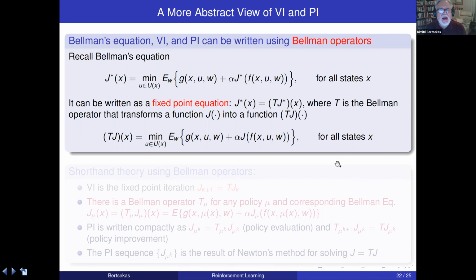If you're looking at insight on how these algorithms work and how the theory works, this abstract view is very helpful. It involves using Bellman operators to describe the operations of value iteration, policy evaluation, policy improvement, and so on.